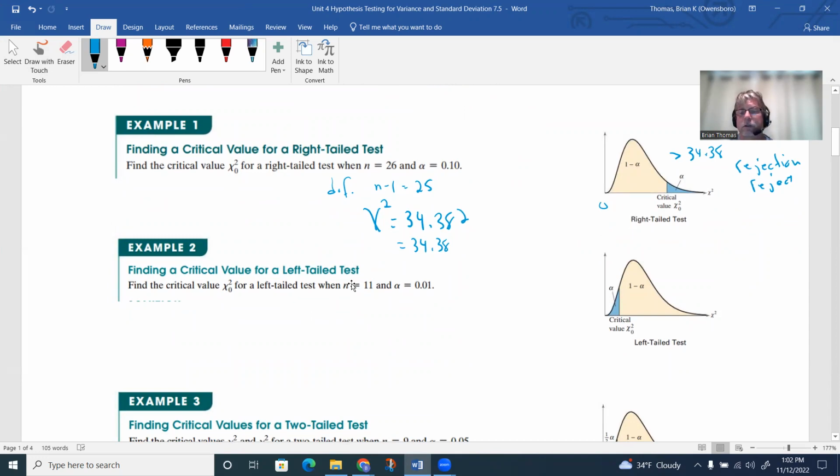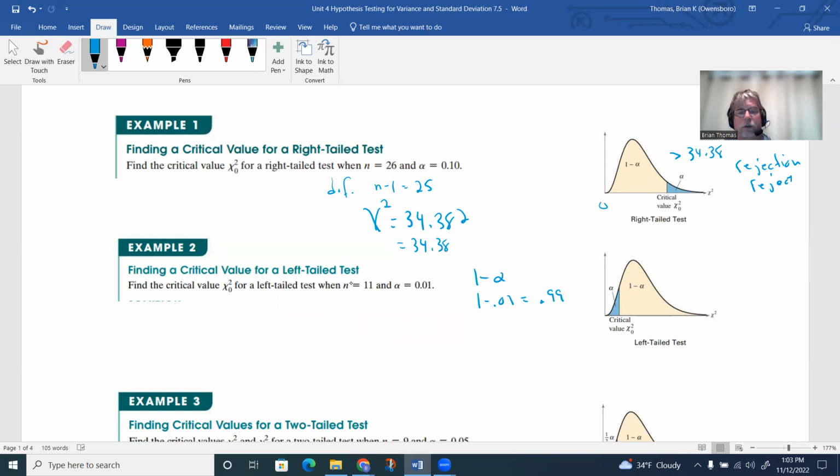So finding the critical value of a left-tailed test. Notice how we actually have to use 1 minus alpha to get our value in our table. So we have to go 1 minus 0.01, which is going to be 0.99. Again, you can just calculate that if you need to.